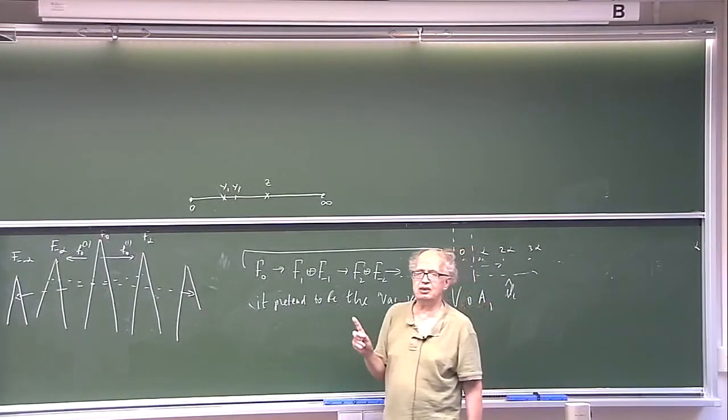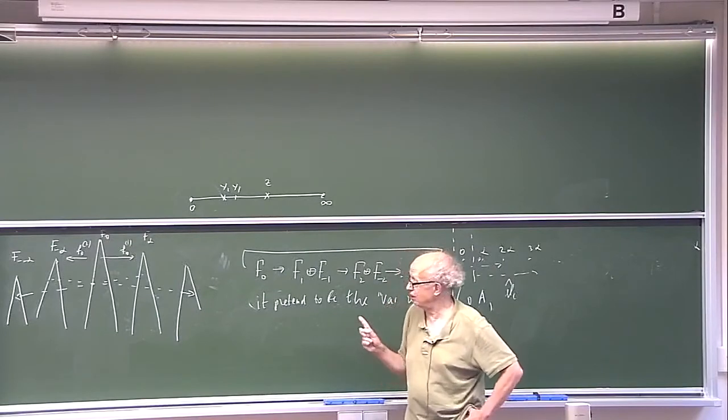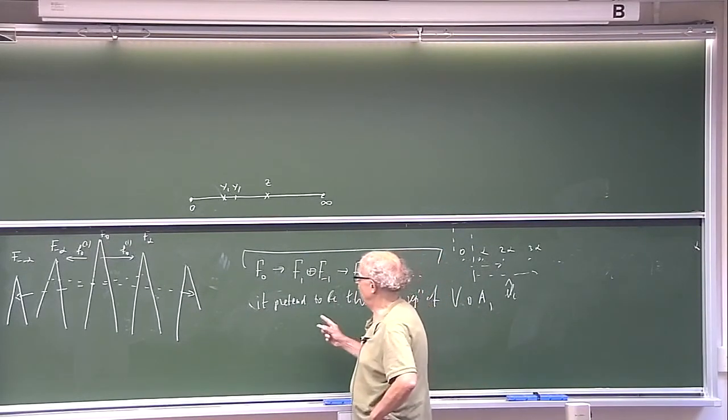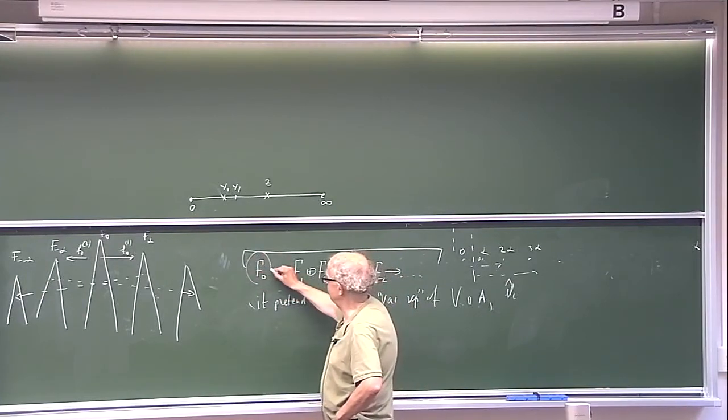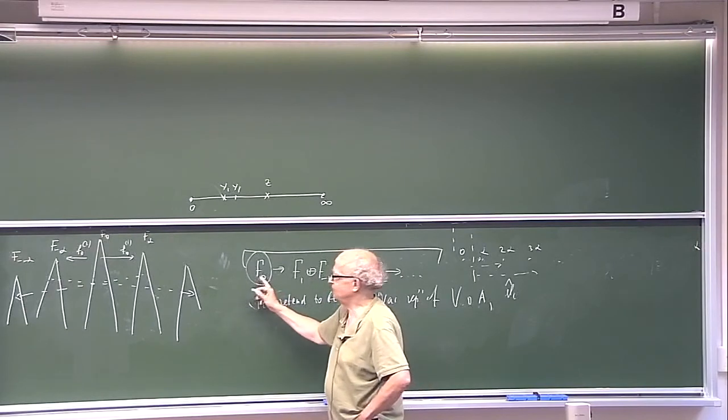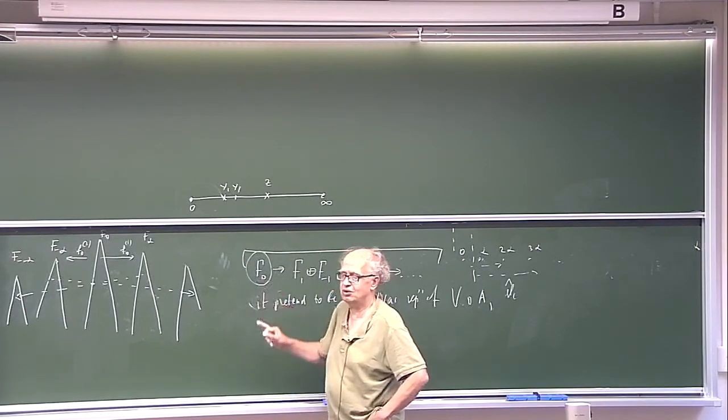But the point is that it cannot be a vertex operator algebra, surely, because we expect to have the vacuum representation here, but this complex has no homology in this place at all, only one.